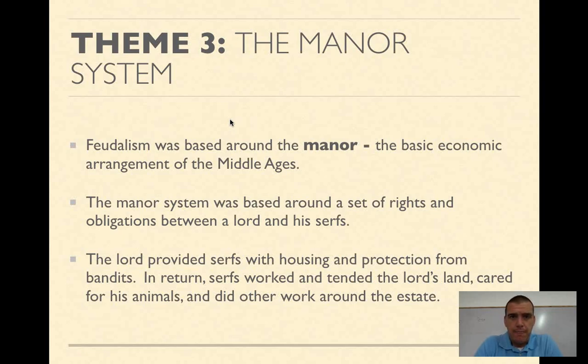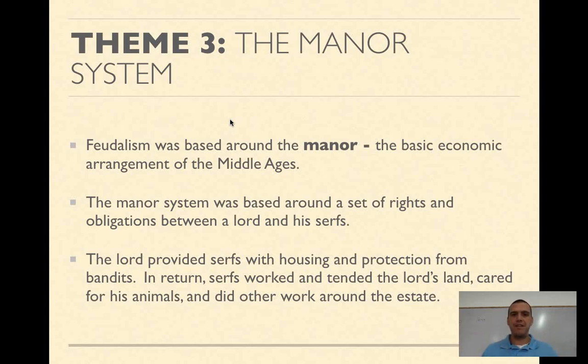When a vassal was given a fief, they created something called a manor. This is basically the core of feudalism, because it was based around the manor. You can define it as the basic economic arrangement of the Middle Ages.